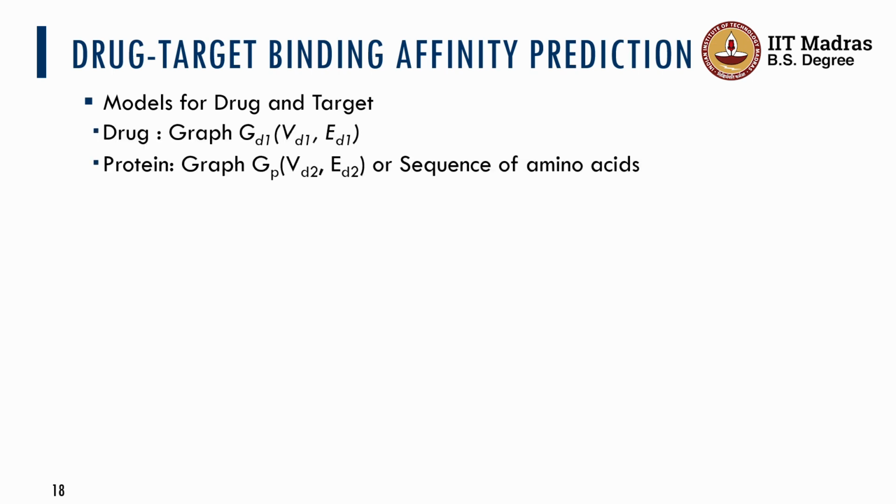Remember, drugs are nothing but small molecules, so we can always represent them as a graph. So I'm representing the drug as a graph GD1, where VD1 is a set of nodes and ED1 is a set of edges.